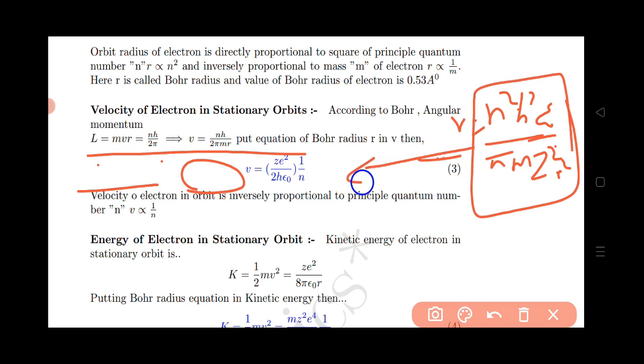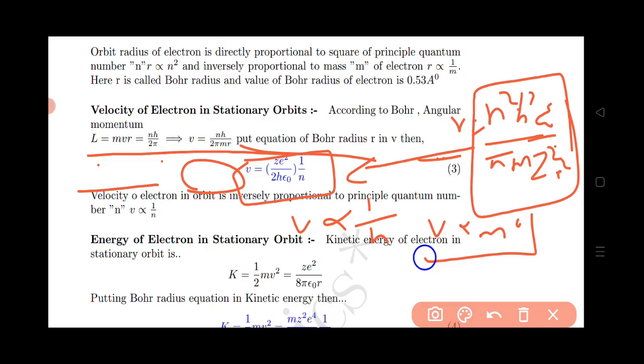This value put in here and we get v equal to Z e square upon 2h epsilon naught, 1 upon n. It means velocity of electron is inversely proportional to the principal quantum number n, and velocity doesn't depend upon mass. Okay.